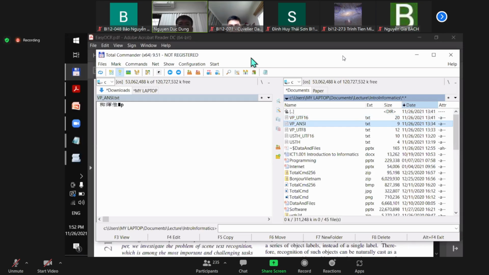But with the ANSI encoding scheme, although it requires only 9 characters, the Total Commander internal viewer could not display the content of my files correctly.